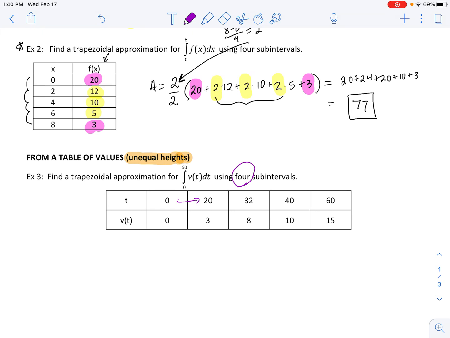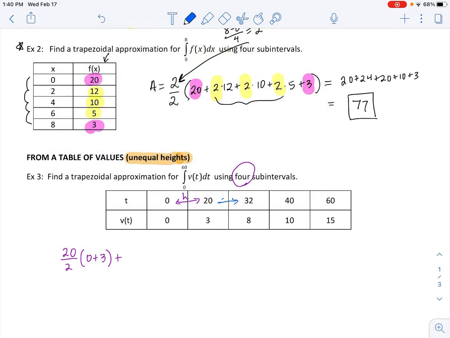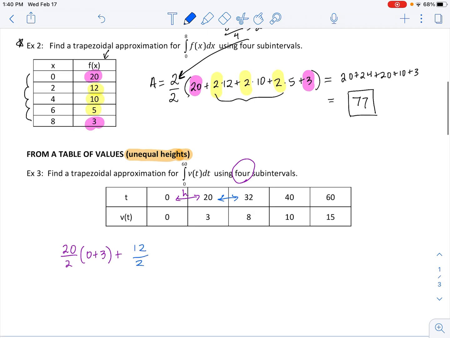So this distance here is my height. So for my first trapezoid, it's 20 over 2, and then the sum of my bases is 0 and 3. Second trapezoid will be this distance here between 20 and 12. So that's a height of 12 units divided by 2, and then the sum of its bases are 3 plus 8.